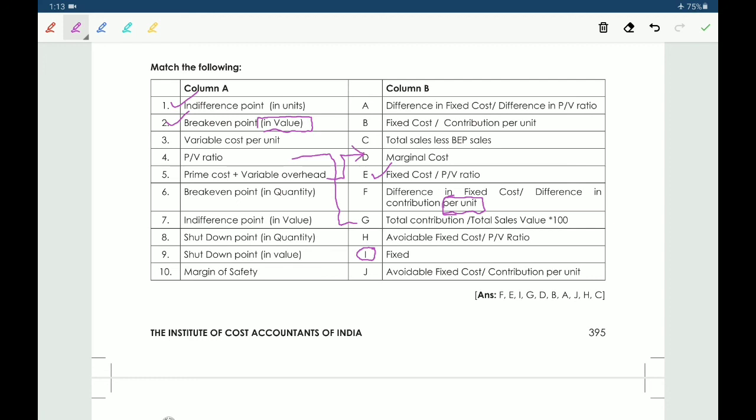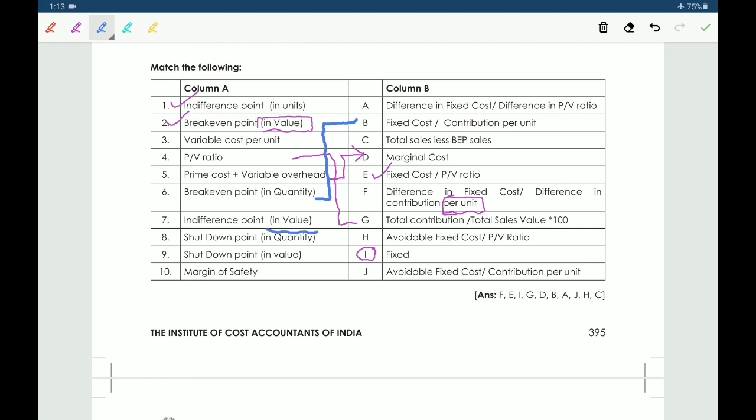Next, break-even point in quantity. We know break-even point in quantity formula is fixed cost by contribution per unit. B is the answer.